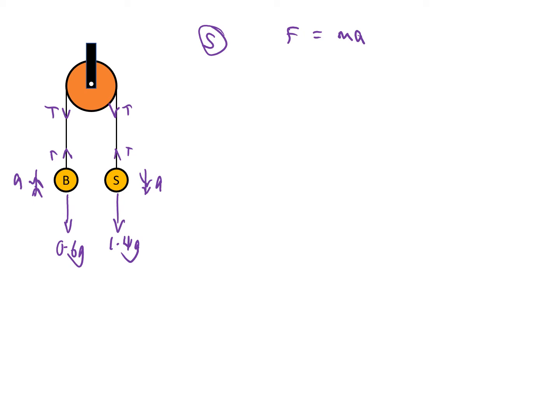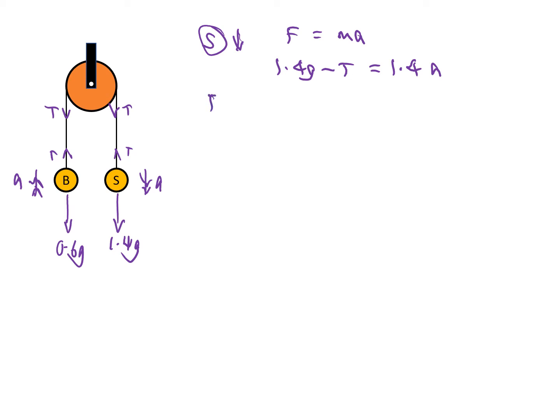And the answer is the resultant force. We're looking at S as it goes downwards. So the resultant force in that direction is 1.4g minus T, and that equals the mass of S, which is 1.4, times the acceleration.